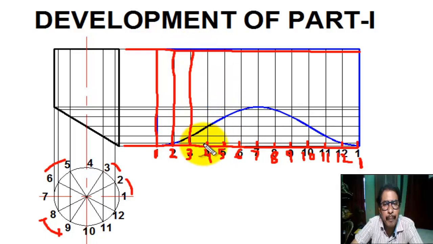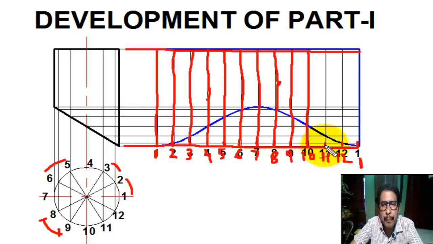From all these points we draw perpendicular projection lines, from 11, from 12, again from 1.